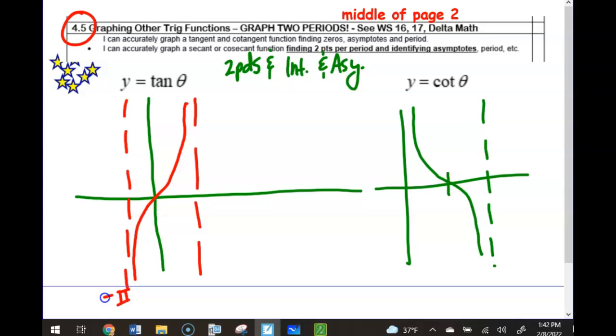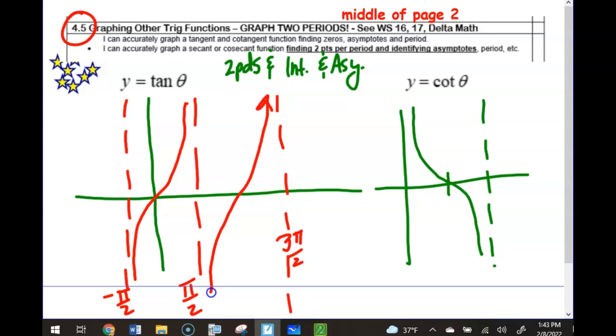Yes, negative pi over 2, positive pi over 2. The next one would be 3 pi over 2. And it would have another period crossing at pi, because the period is pi. So if it crosses once at 0, pi later it's crossing again.